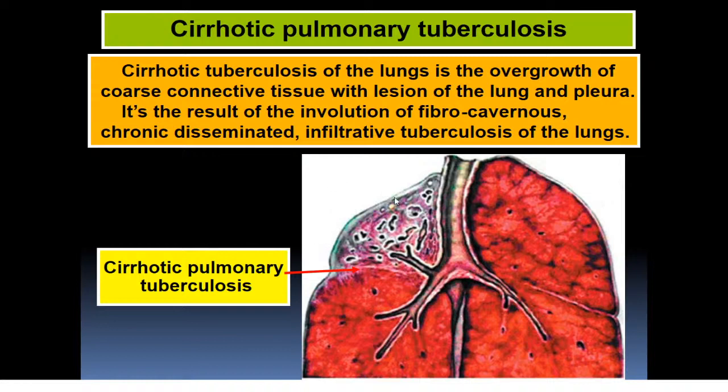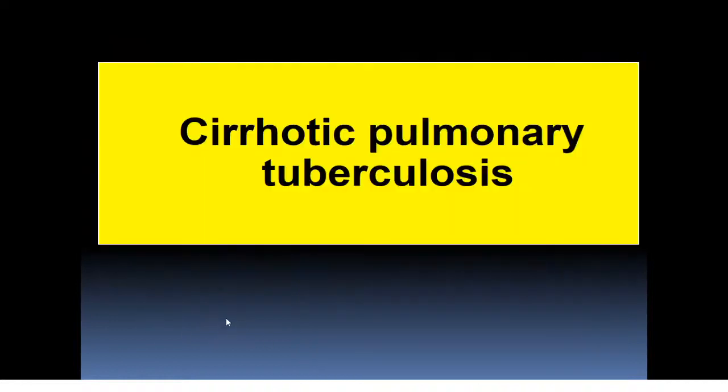On this picture, you can see cirrhotic pulmonary tuberculosis with many cavities of destruction and cirrhosis of the upper lobe of the right lung. Cirrhosis with many cavities.